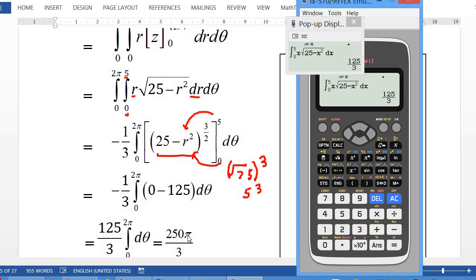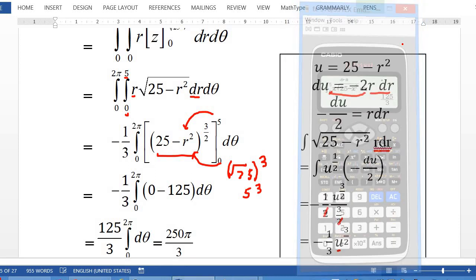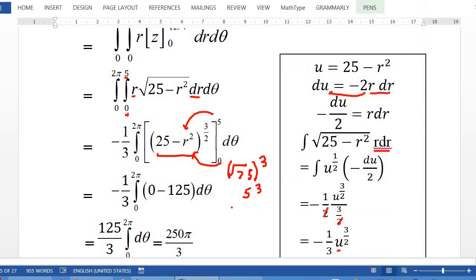That's why 250 pi over 3. So in an exam, you are allowed to use a scientific calculator. In this step, you can get 125 over 3 here, so you can skip this step, because we are not testing your integration techniques, but your multiple integral techniques.